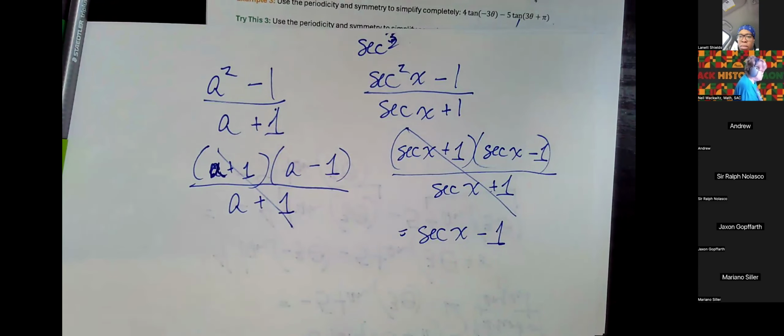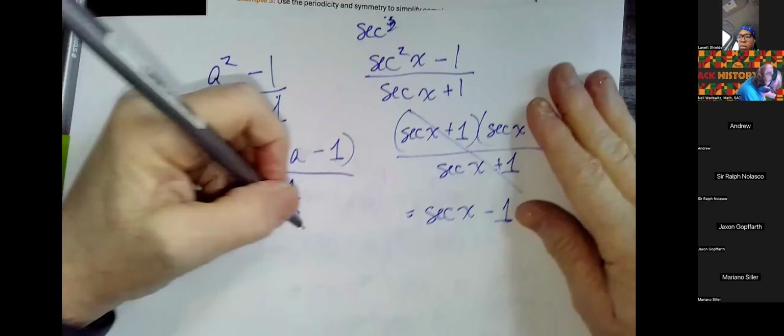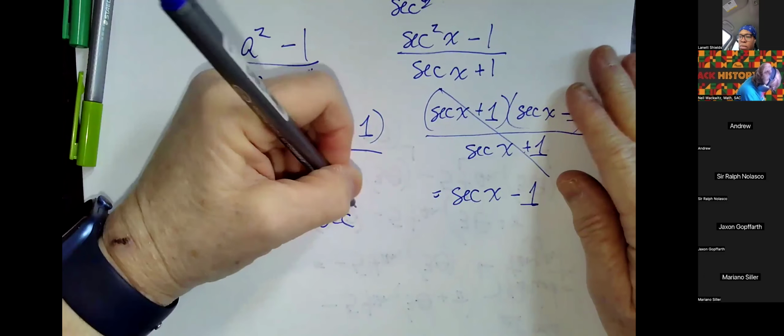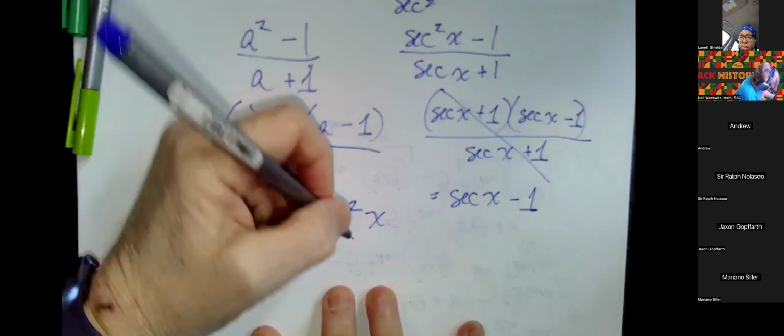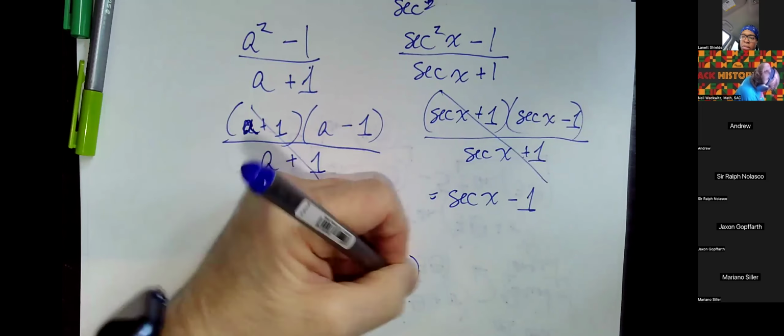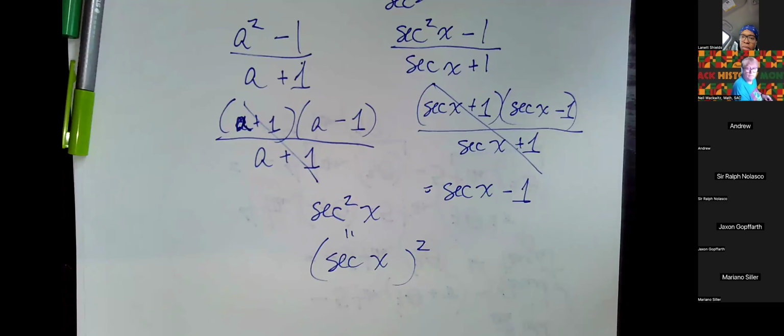So we're going to remember for one thing that this notation is just notation for secant x squared. We write the square in the middle so that we don't have to use parentheses every time.